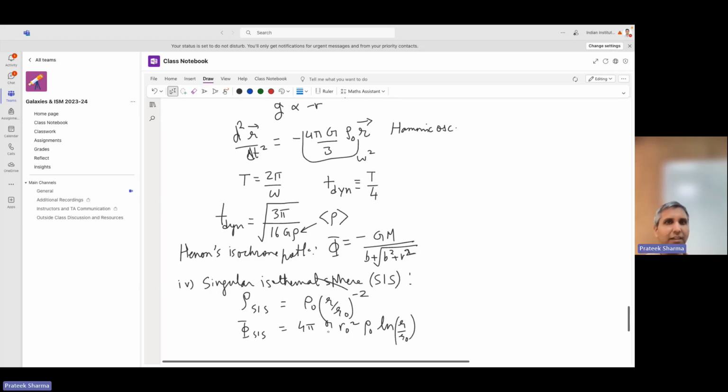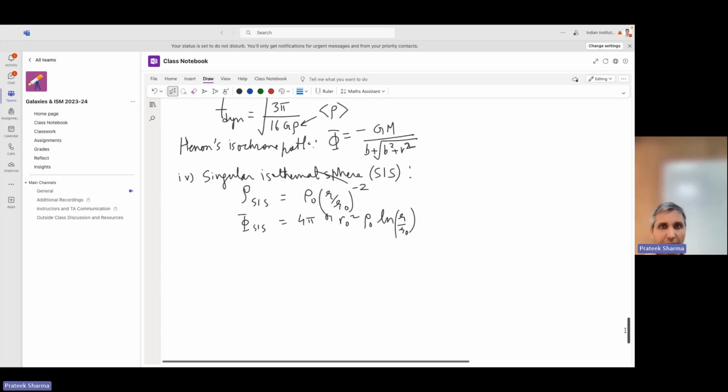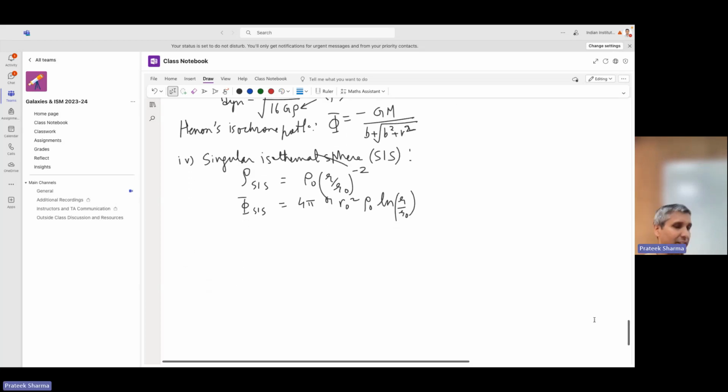You can see that the gravitational acceleration is just the gradient of phi. That will give you 1 by r. So v squared by r equals g. A flat rotation curve corresponds to a g which goes like 1 over r. That's why it's a good model for a dark matter halo, which gives rise to a flat rotation curve.